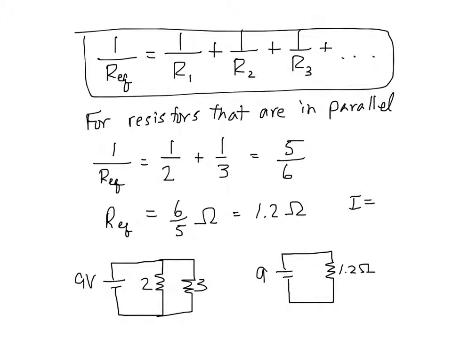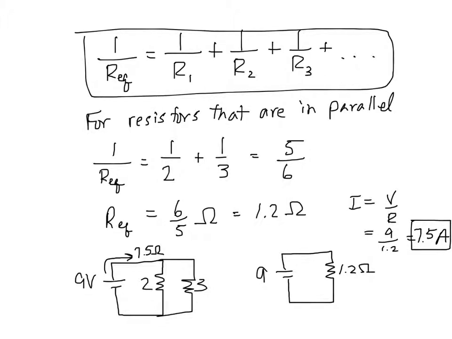Current is equal to the voltage over the resistance, which is 9 over 1.2, which is 7.5 amps. So now we know how much current is coming out of the battery. It's 7.5 amps. How much of that current goes through the 2 ohm resistor and how much goes through the 3 ohm resistor? We'll look on the next slide for that.